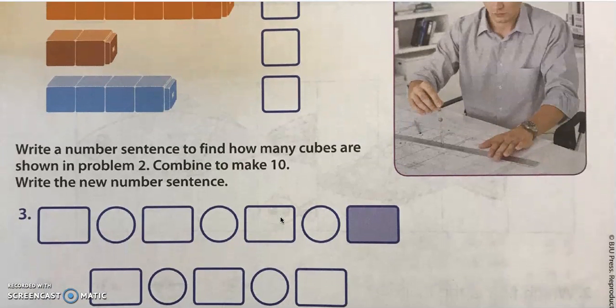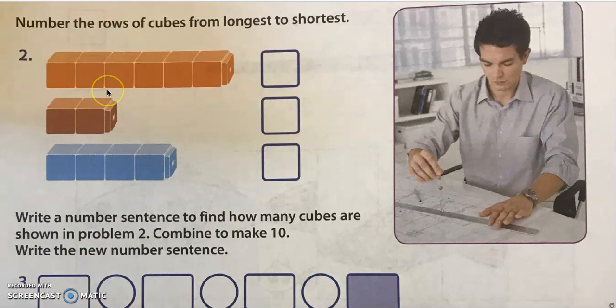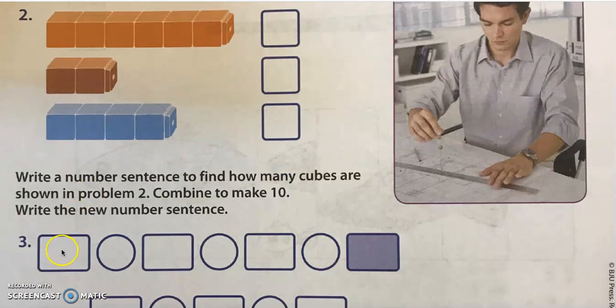And number 3 is a little bit tricky, but let's do this together. You will have to write a number sentence to find how many cubes are shown in problem 2. Combine to make 10 and write the new number sentence. Okay, so you just count the number of the cubes and write the number down here.